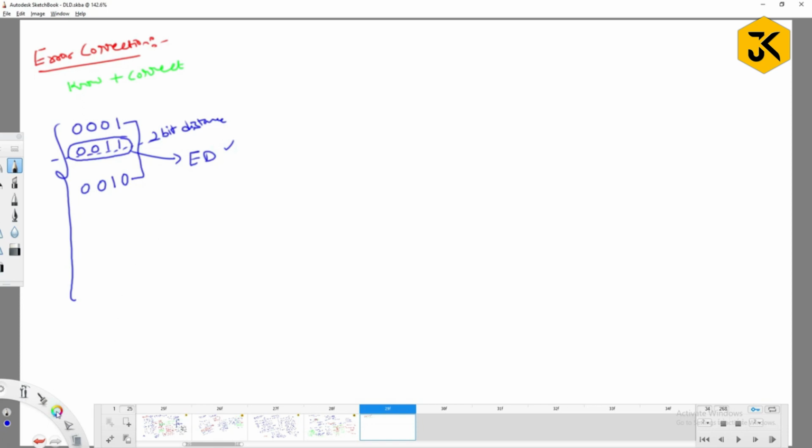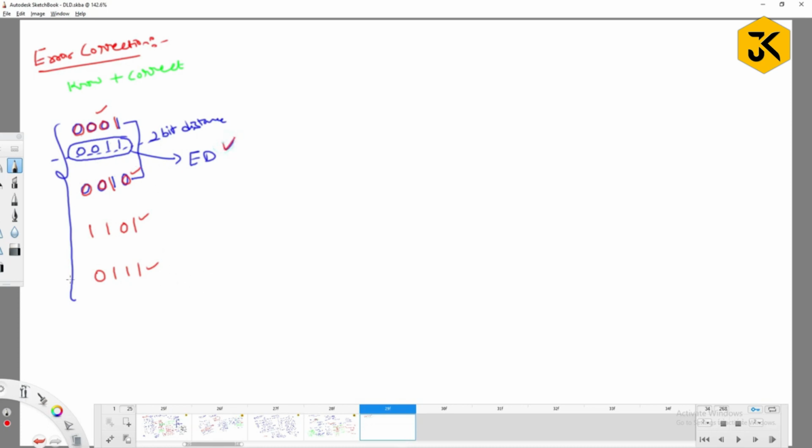To make it clear, I will write once again. For 0001, what are the valid patterns? 0010 is one kind of valid pattern. What is another? 1101 is one kind of valid pattern, because I made these two changes. These two are similar, and 0111 is one kind of valid pattern, right? Other than these four, if you get any kind of data, we can say that there is an error detected.